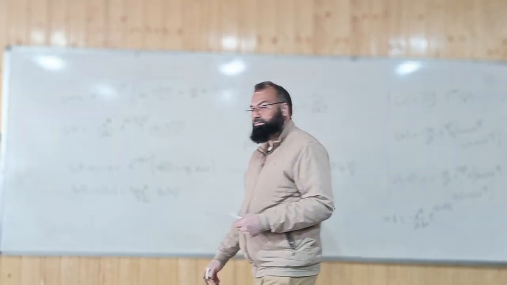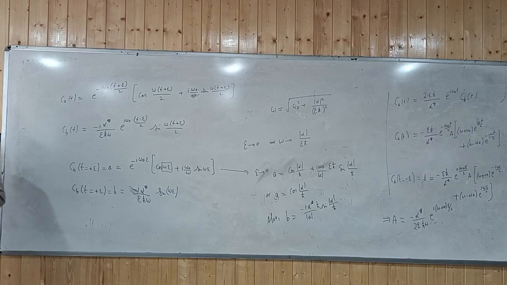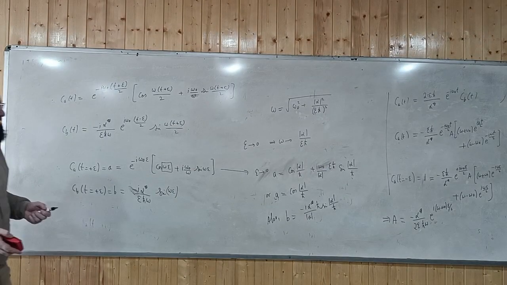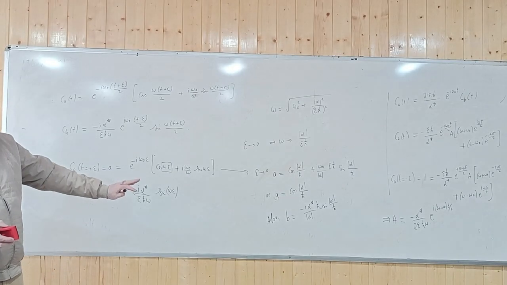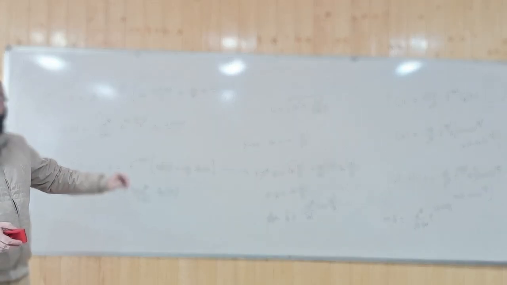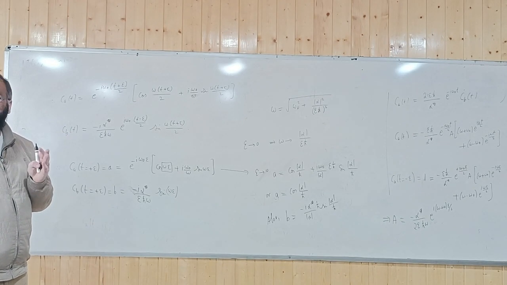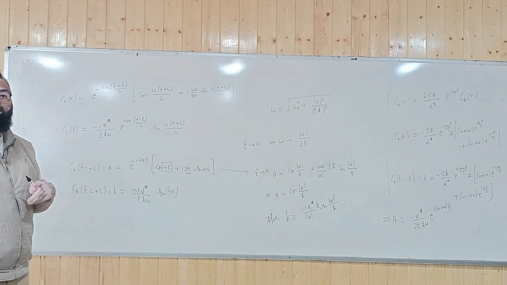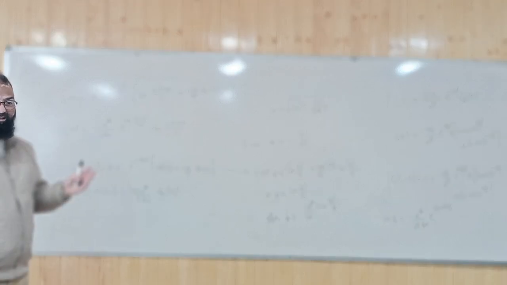Now let's write the complete solution we have got. Everybody followed it? Now we have a finite result. If it had been infinite, either the regularization we have done is wrong, or there are some problems with the problem itself. Got it?